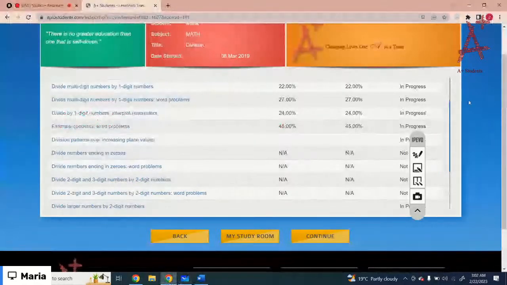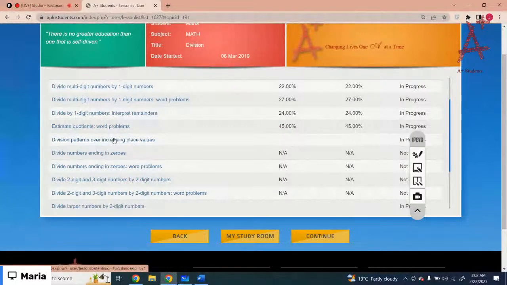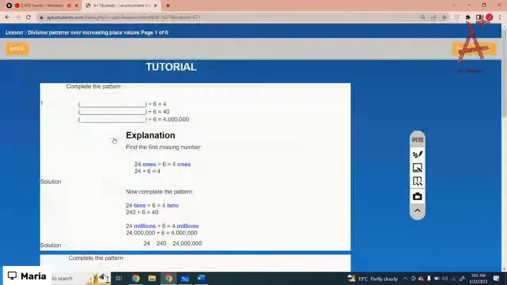Okay, here I am on grade 5 maths. The chapter name is division. And here is the lesson. We're going to start with division patterns over increasing place value. Let's start with the first example.